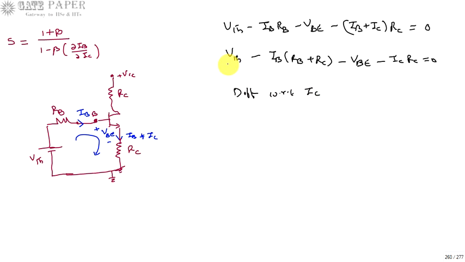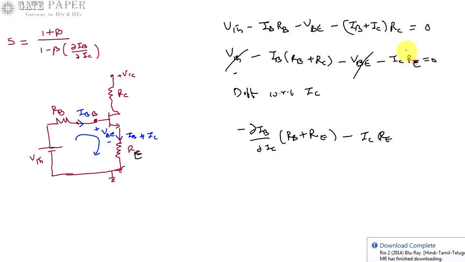VTH is constant, so its differentiation is 0. VBE is constant, so its differentiation is 0. So what you get is dou IB by dou IC times (RB plus RE), minus RE, equal to 0.